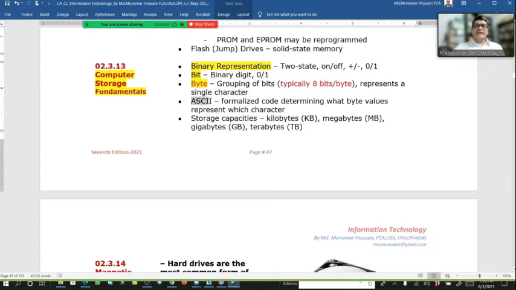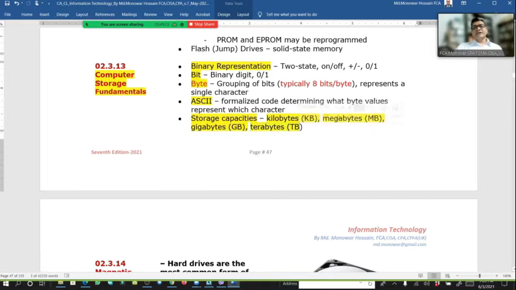What is ASCII? It is the formalized code determination where byte values represent which character. Capacity. Nowadays, storage capacity we know as kilobyte, KB, megabyte, MB, but we are very much familiar with GB, gigabyte, and also TB, terabyte.